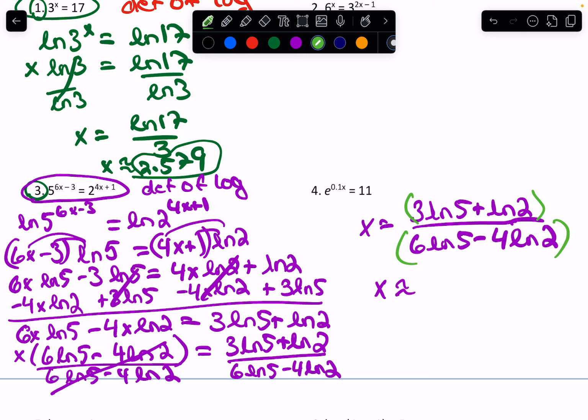Or another thing is to press the equal button before you do the division. But on the bottom, you're going to have to put it inside the parentheses.